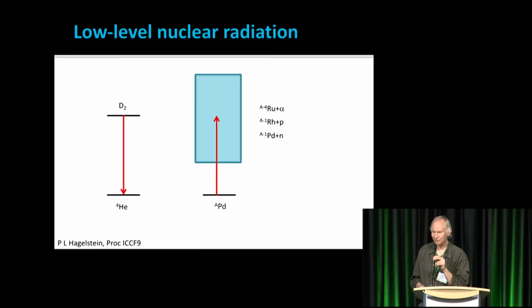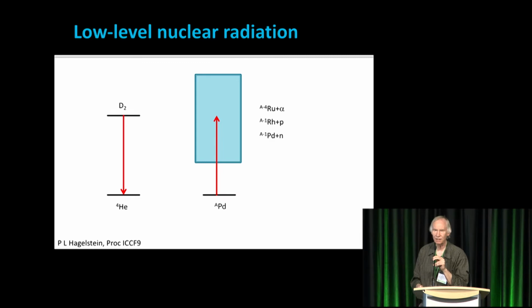Okay, applications. So the first application that was apparent was one that came up in the late 1990s. People at that time were claiming to see low-level nuclear radiation. Pam, Boss, Vysotskii, Lipson were all reporting low-level nuclear radiation.